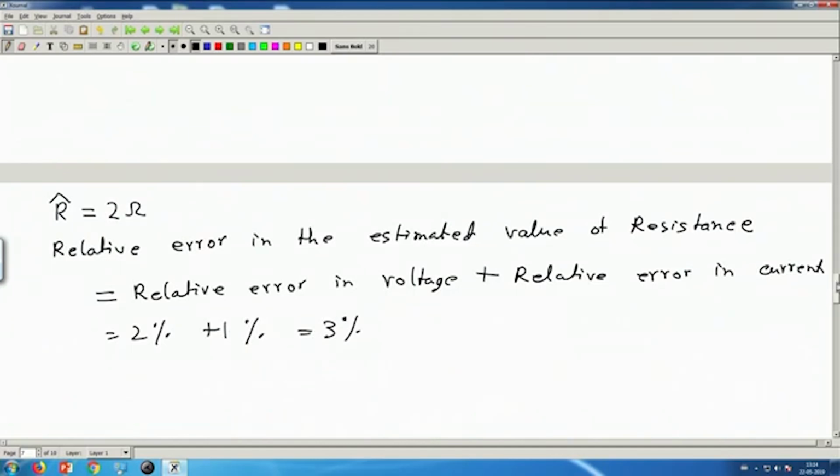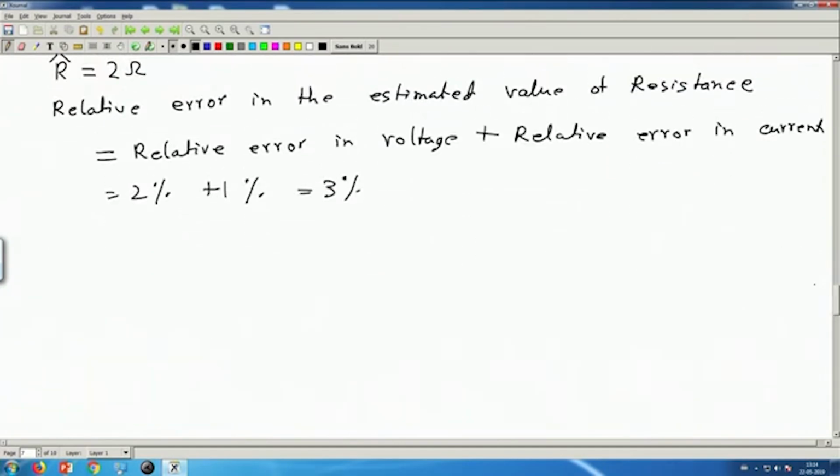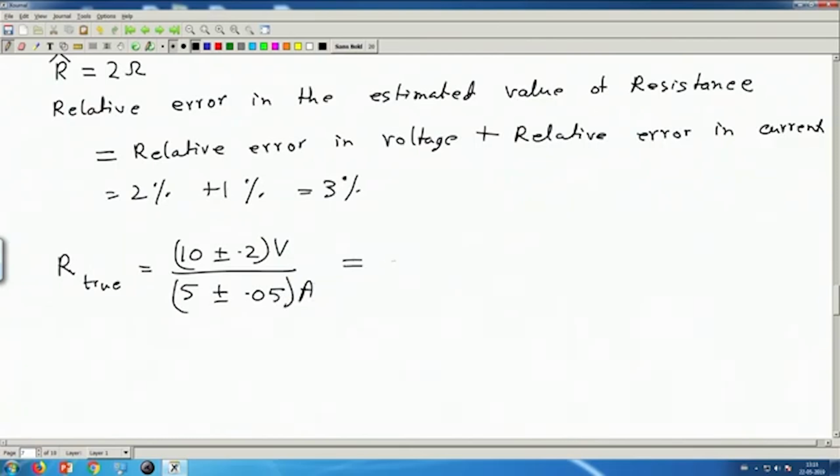You could have done it thoroughly also, the way that R true is equal to 10 volt plus minus 2%, which is 0.2 volt, divided by 5 ampere plus minus 1%, which is 0.05 ampere, and then you expand it, find the absolute error and find the relative error.